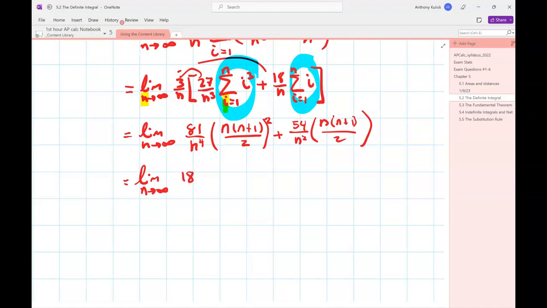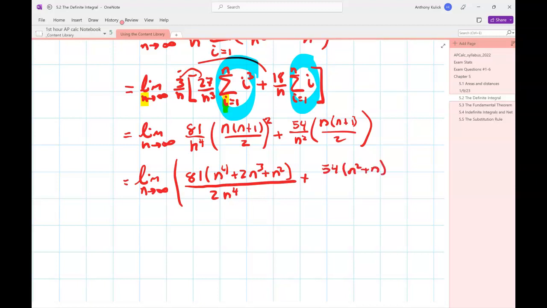So I'm going to have 81 times n to the fourth plus 2n cubed plus n squared all over 4n to the fourth. And then over here I'm going to have 54 n squared plus n over 2, that should be 4, excuse me, 2n squared.